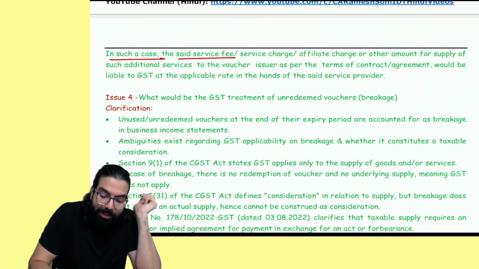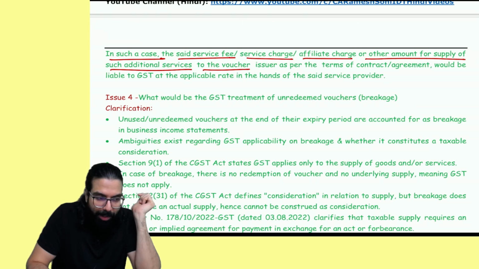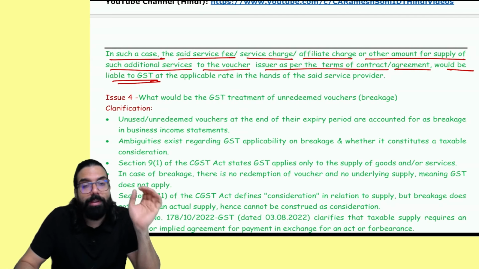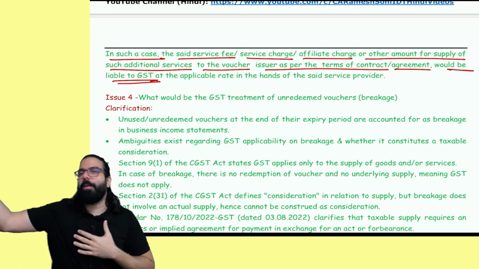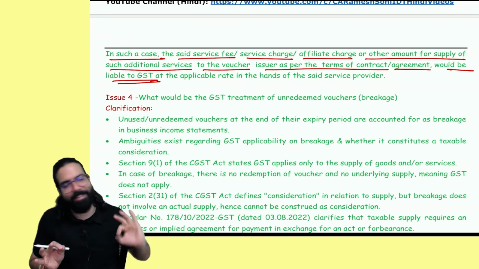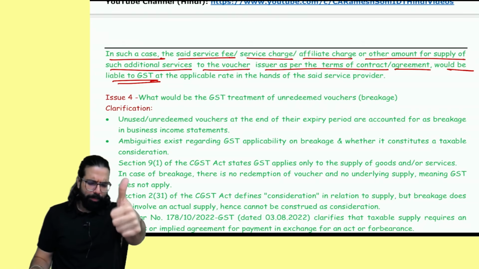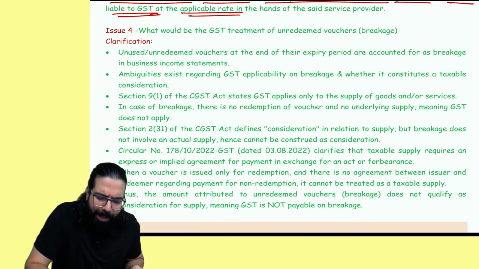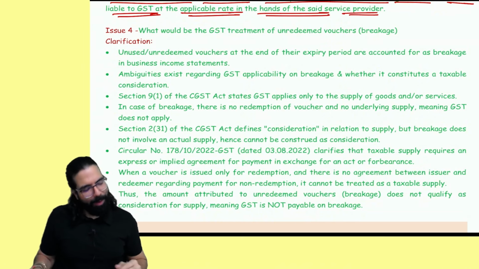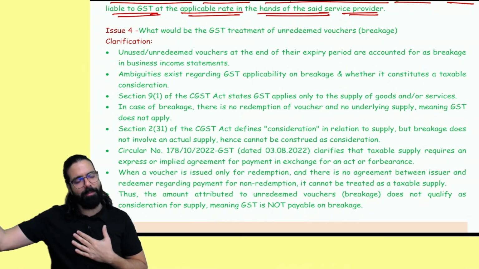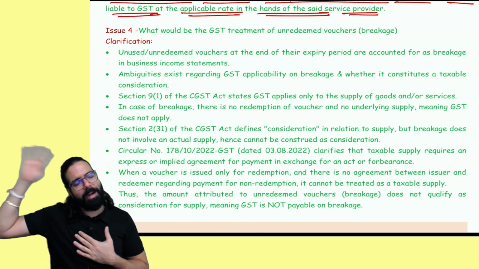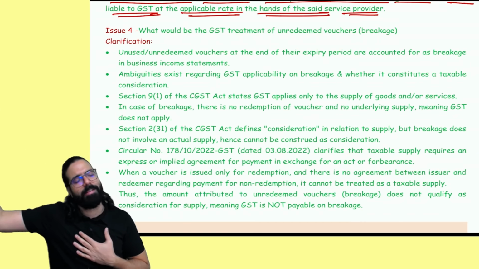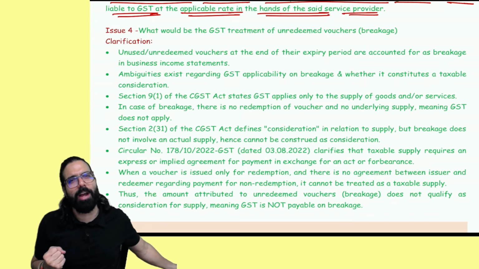In such case, the service fee or the service charge or affiliate charge or any other amount for such additional service to the voucher issuer, as per the terms of the contract, would be liable to GST. It means whatever service I have given, for that I have to charge GST and give it to the government. I hope this point is clear to all of you. At the applicable rate in the hands of the service provider. I am the service provider. I gave voucher-related service, branding, co-branding, marketing, customer service, whatever amount I charge, I should collect GST and give the GST to the government.